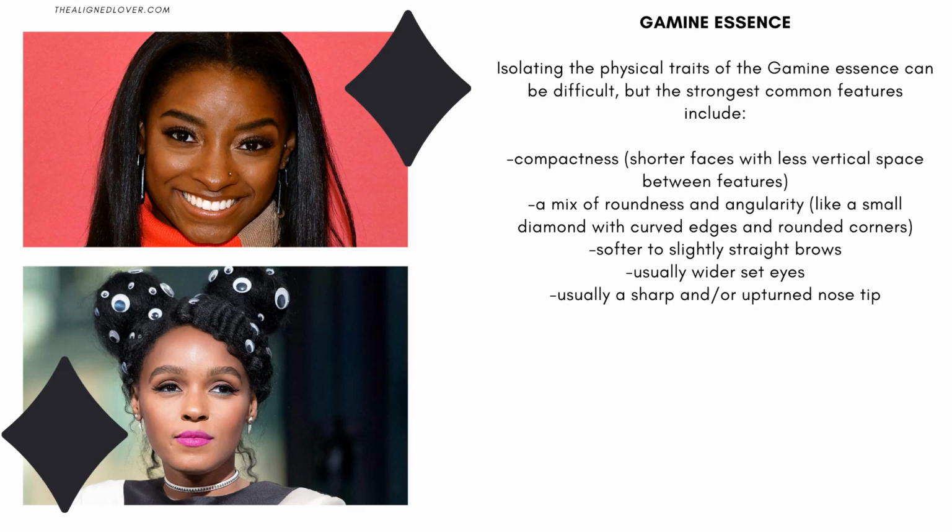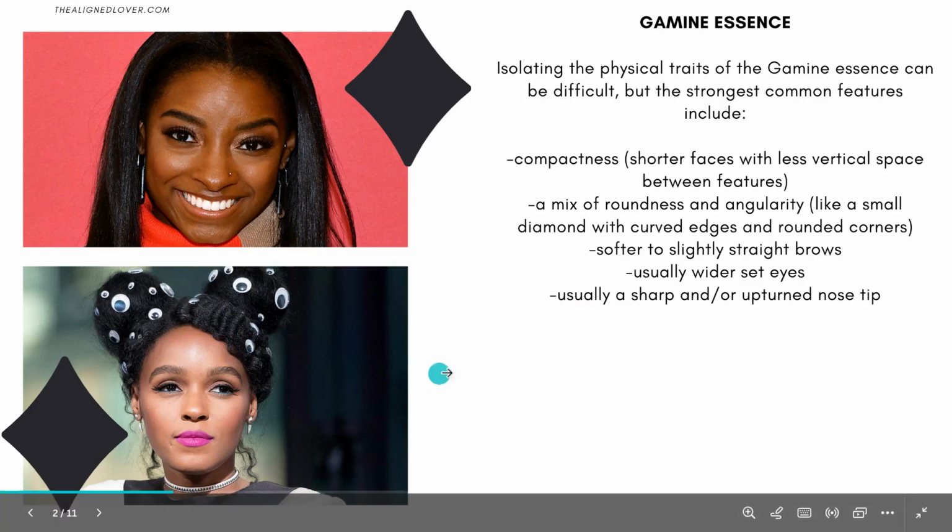I think a good shape that represents them is this diamond with curved edges and softened corners. Their brows tend to be softer to slightly straight. Usually they have wider-set eyes that are more on the elongated side, and their nose tends to be a bit more sharply tapered or slightly upturned.